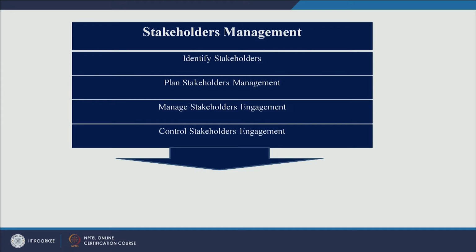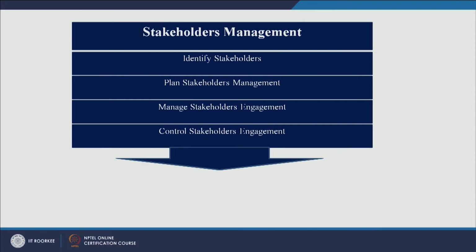Now, how to manage stakeholders? So, the first thing is to identify them, right. Then there is something called the planning stakeholder management process. So, stakeholder management is a process. You need to plan this process very carefully. Once you plan it, you need to manage stakeholder engagement.